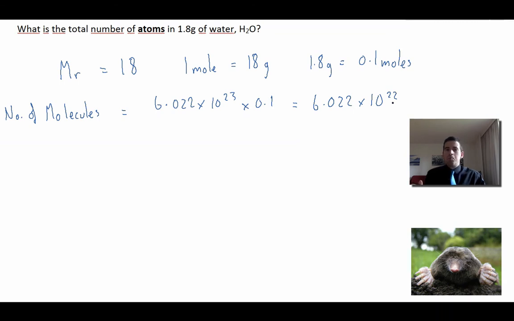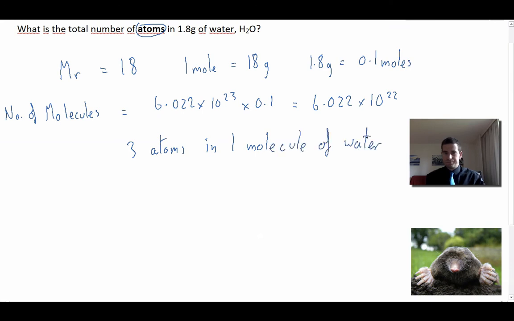So that would be the number of molecules, but the question asks for the number of atoms. Now, how many atoms are there per molecule? In this instance we have H2O, so there are 3 atoms in 1 molecule of water. So if we have 6.022 times 10 to 22 molecules, all we do is times that by 3 to get the answer.